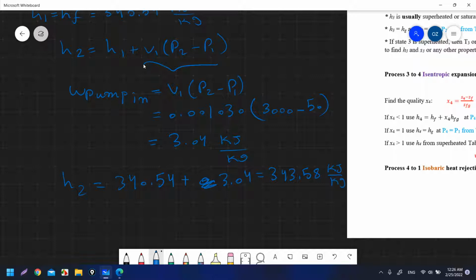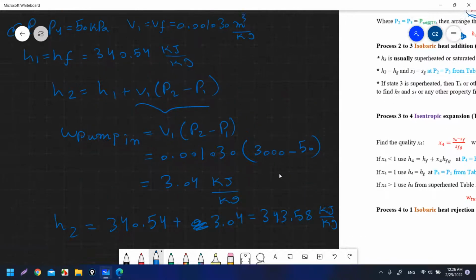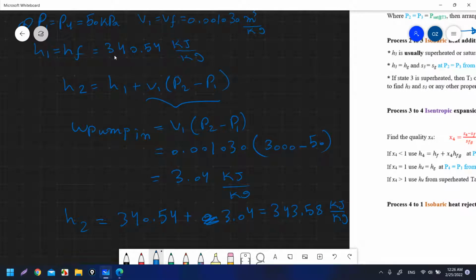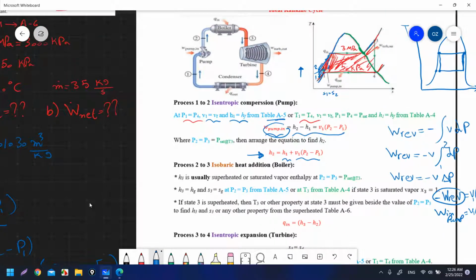And as you can see, the work pump in is very small, not a big number, and this will help you if you want to know whether your answers are correct or not. Also, H2 is a little bit higher than H1. H1 is 340, H2 is 343. Because work pump in is this small, but the work turbine out is all this difference between the enthalpies H3 and H4.